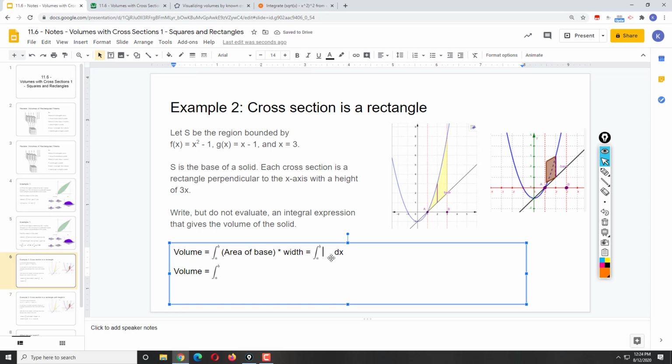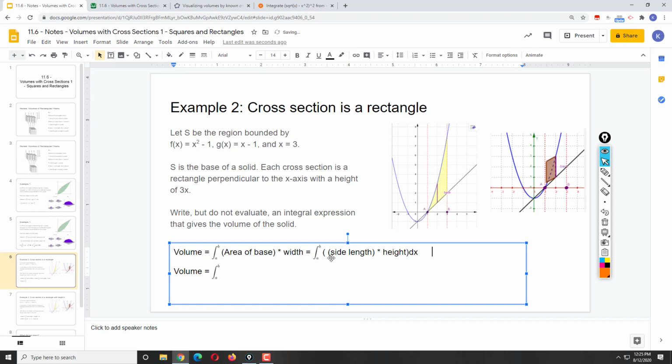The area of the base is our length, side length, times our height. We're told that our height is 3x. So height is replaced by 3x.